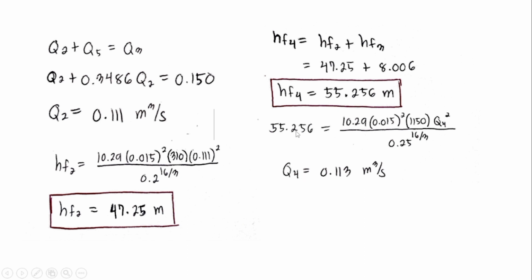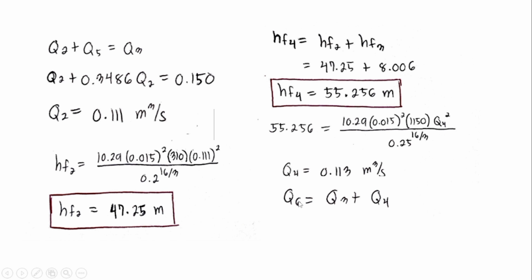So substitute: 55.256 is equal to 10.29 times our roughness coefficient, which is 0.015 squared, times the length in pipe 4, which is 1150 meters, times the discharge in pipe 4 squared, over the diameter, which is 250 mm or 0.25 meters, raised to 16 over 3. So the value of the discharge in pipe 4 is equal to 0.113 cubic meter per second.